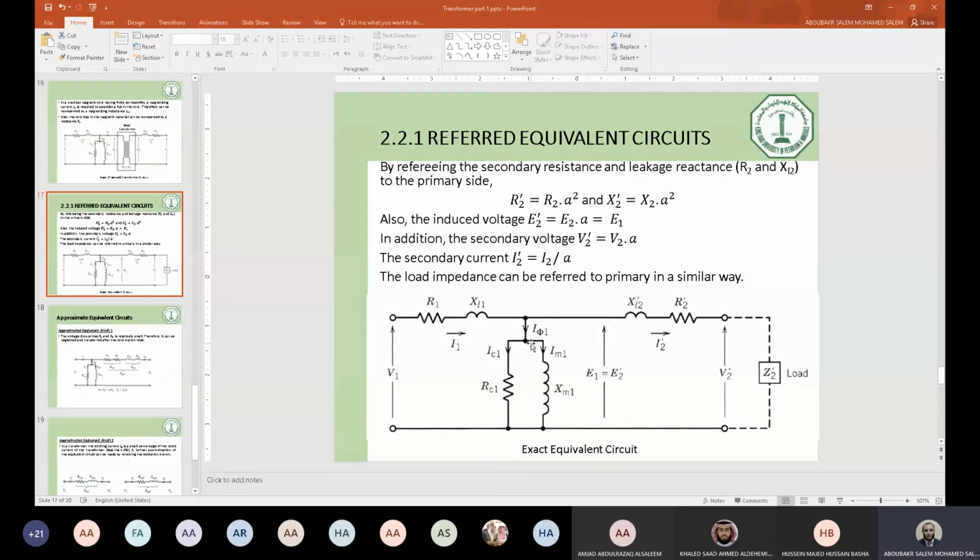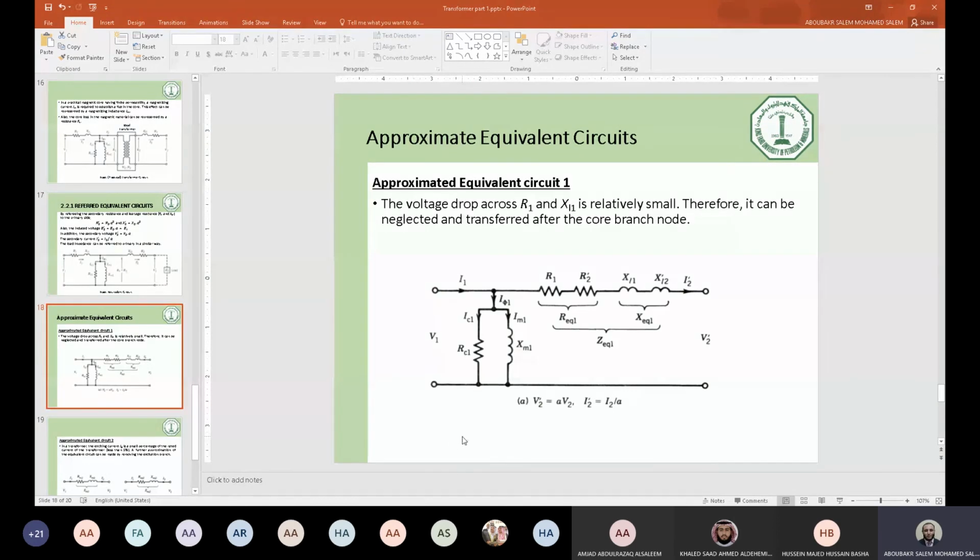Number two, because the impedances R1 and X1 are very small, and you will see in the problems the real numbers of R1 and X1, you will find that the voltage drop across these values is very small. So we can assume that we can move the value of R1 plus jX1 from this side to that side. So we can assume the circuit to be like that. We have R equivalent and X equivalent, which are R1 plus R2 prime and X1 plus X2 prime.